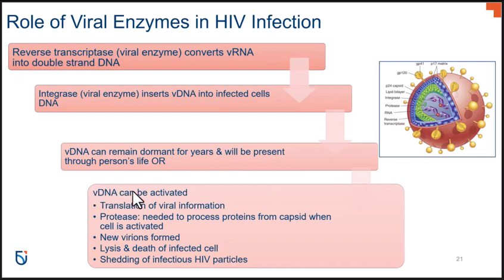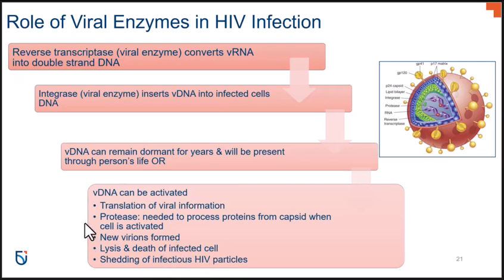But if the viral DNA is activated, things are a little bit different. What we end up with is translation of viral information. This can result in the formation of new virions, and in lysis and death of the infected cell, shedding infectious HIV particles.